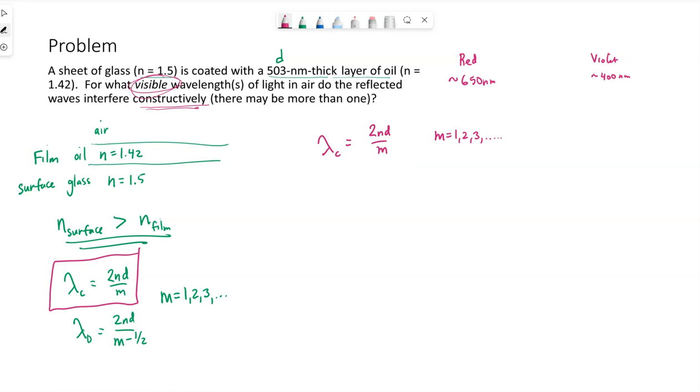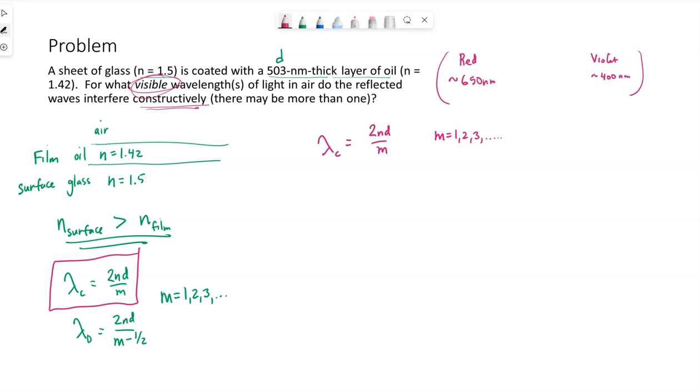Now, you might remember in the previous example, we dealt with a red that was greater than 650. This is just an approximation. So let's look in this range and see what wavelengths constructively interfere.